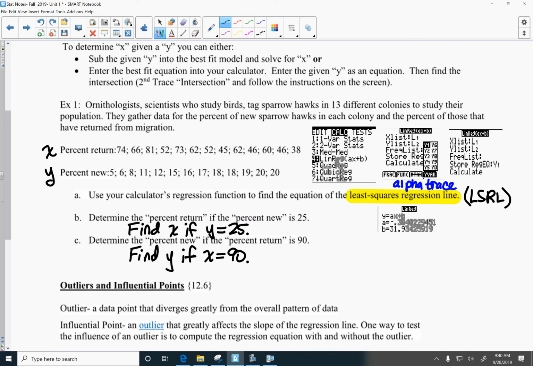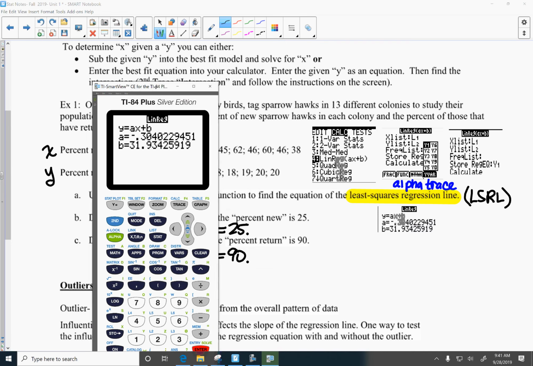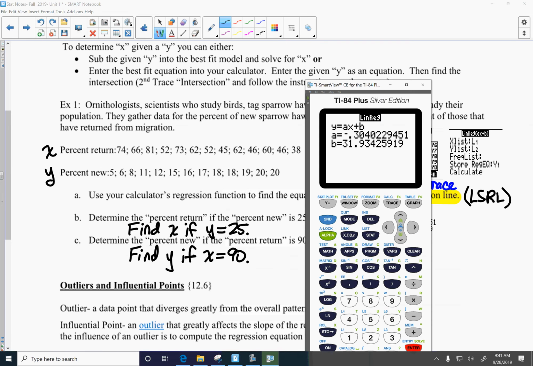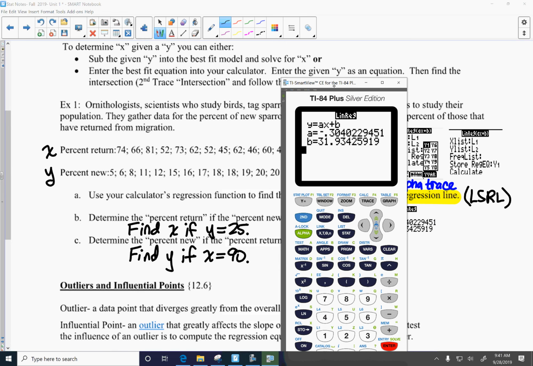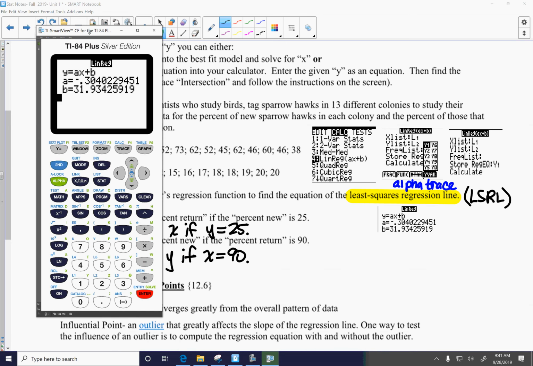All right. So we have our equation here. The process is telling me to enter the given y as an equation, but also enter the best fit equation into your calculator. It's already entered. When I hit y equals, so just hit y equals, that equation is already there.